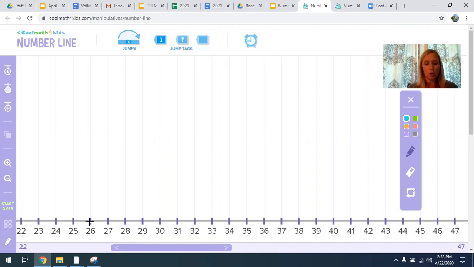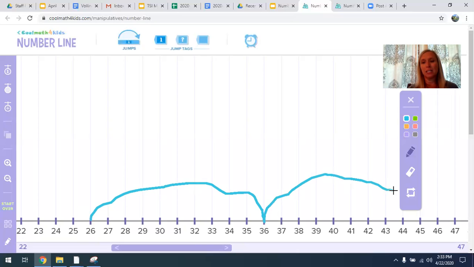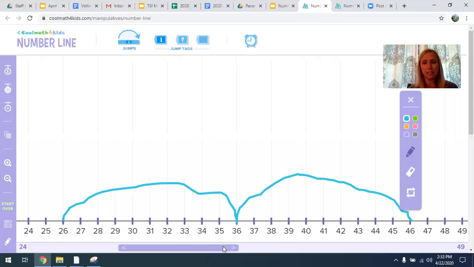So 26, I'm going to add 10, so that makes it 36. But I have another 10 to add, right? Because there were 2 tens in the number 23. So now I'm going to skip count by another 10, which is now 46.